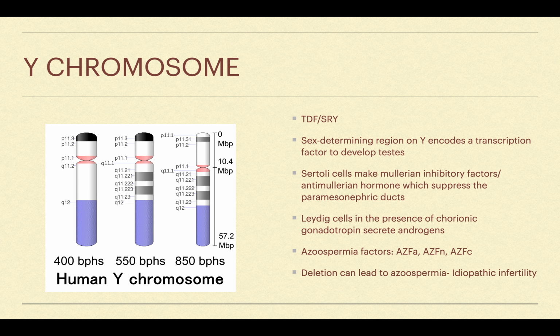The Y chromosome contains the TDF and SRY regions, and SRY is the sex-determining region. It encodes a transcription factor to develop the testes in males. And in the testes, the Sertoli cells make the Mullerian inhibitory factor, or anti-Mullerian hormone, which suppresses the paramesonephric ducts.